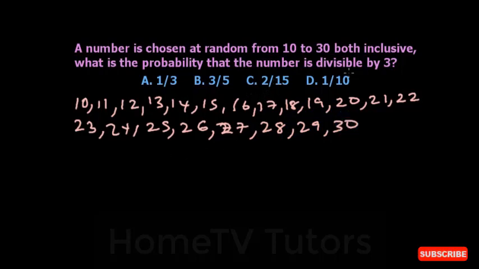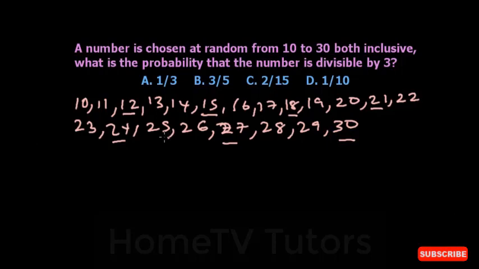Okay, so the numbers divisible by 3 are 12, 15, 18, 21, 24, 27, and 30.